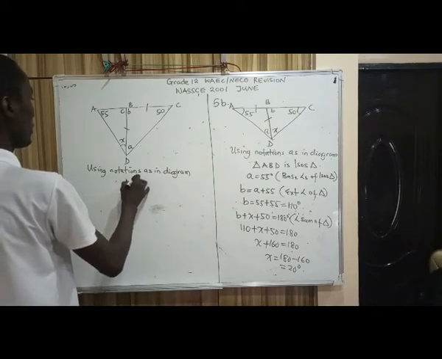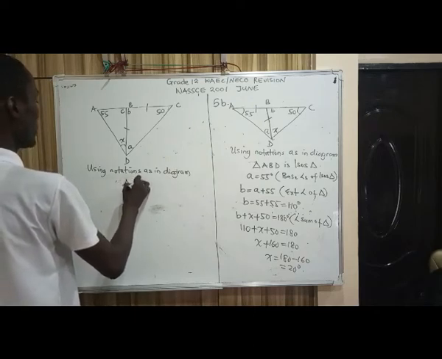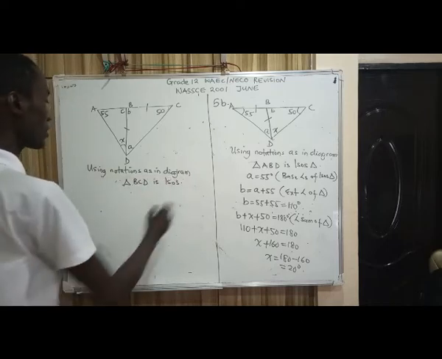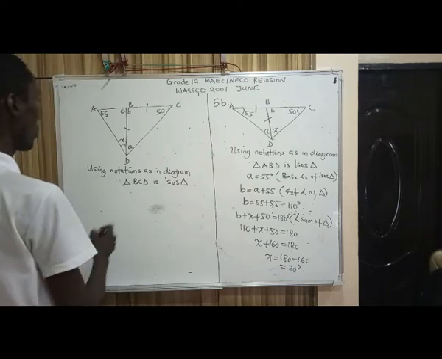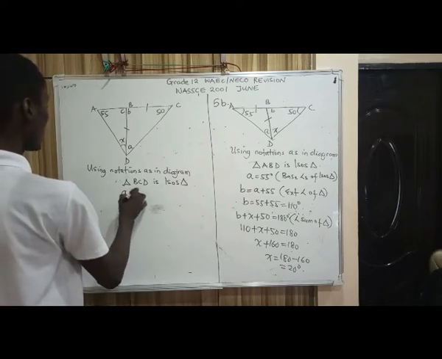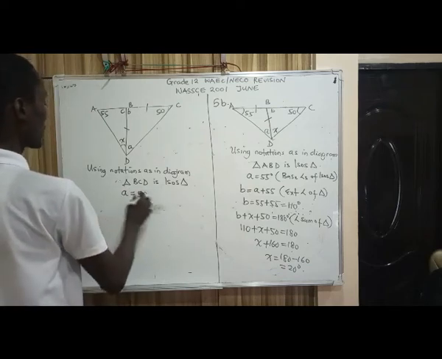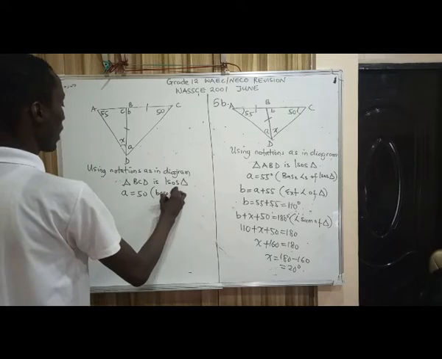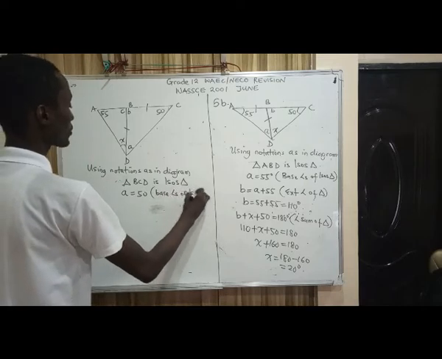Triangle BCD is isosceles. So if it's isosceles triangle, it will mean that A is equal to 50. And if A is equal to 50, what's the reason for that? Base angles of isosceles triangle.